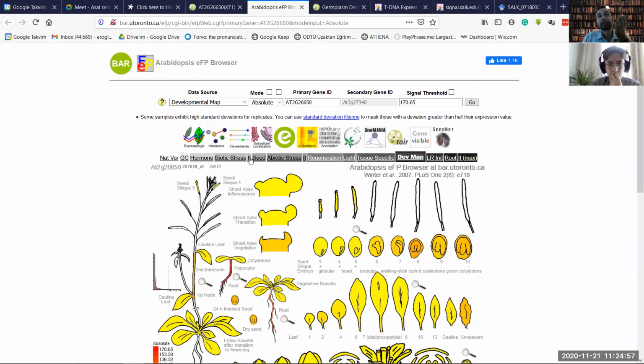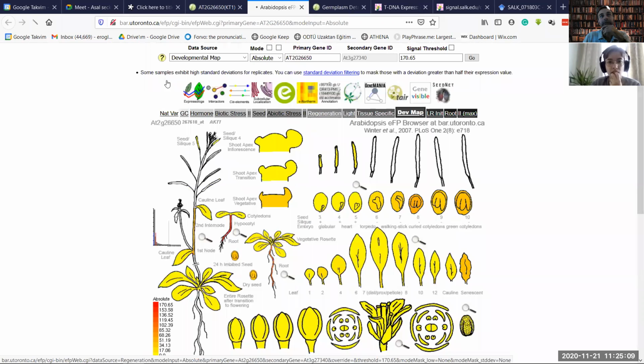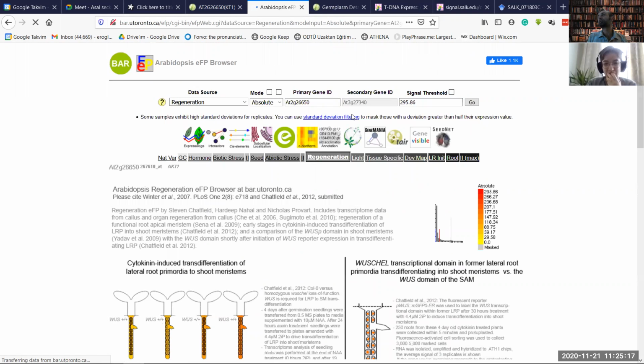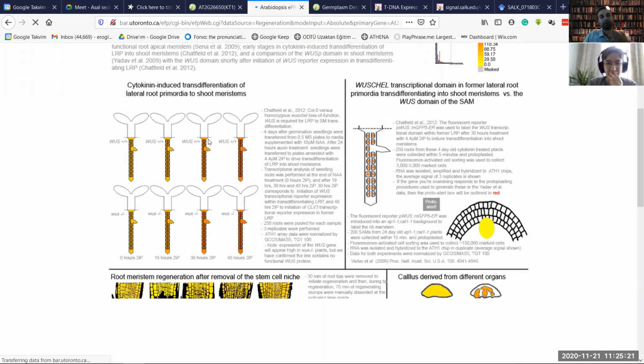Yeah, and then you can see under which stress how the expression is changed. This is all derived from microarray data. Yeah, it's actually very cool. I would like them. And it makes your presentations look professional because they are pictures.